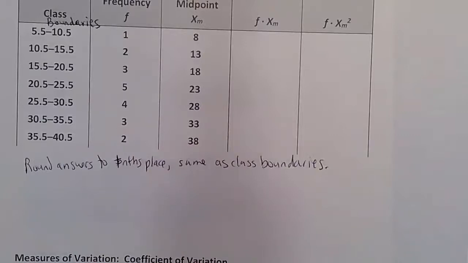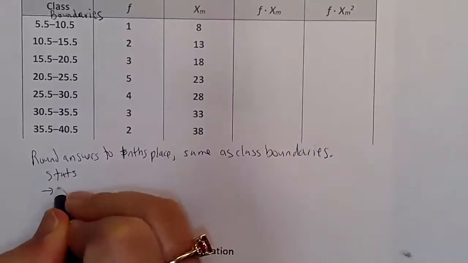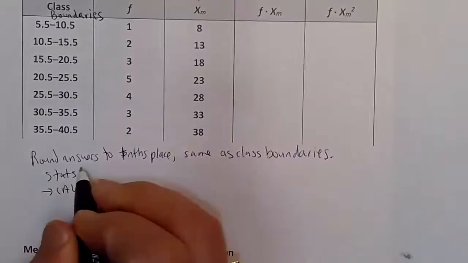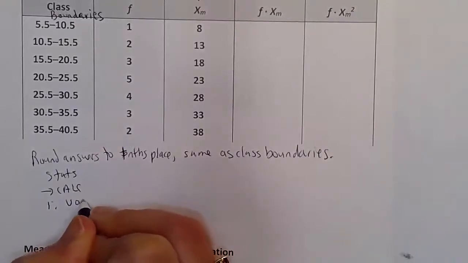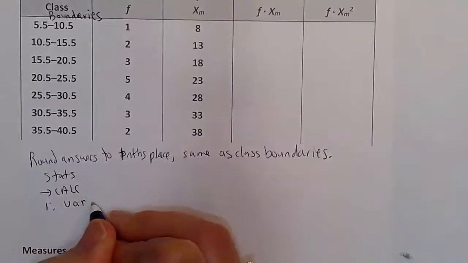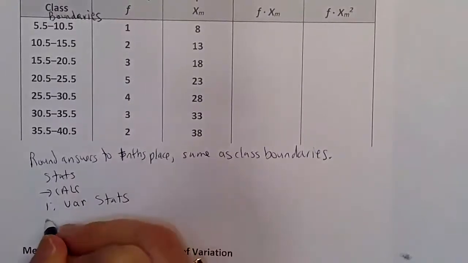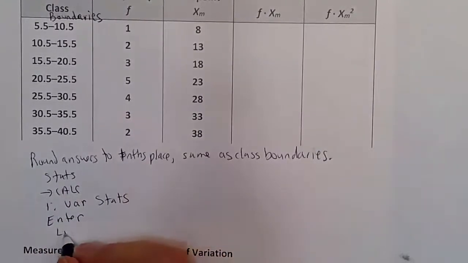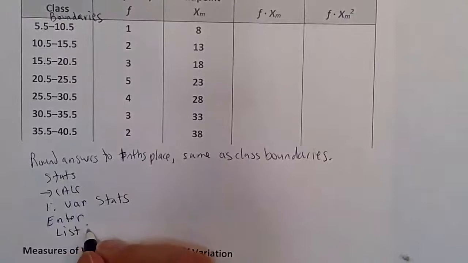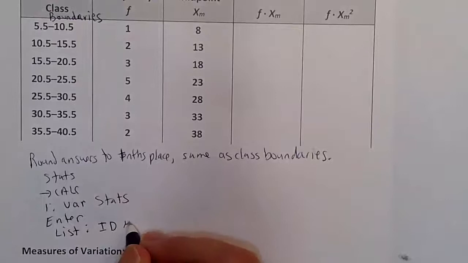Now the calculator commands would be, again, stat, tab to calculate, one variable stats, enter. So tell your calculator your list: you're going to identify your midpoint column.